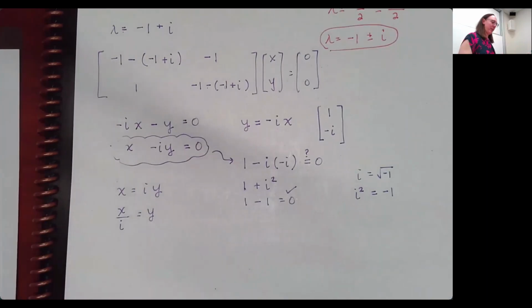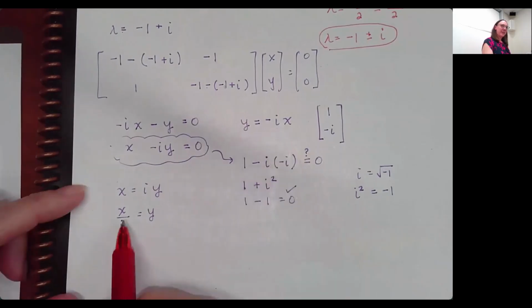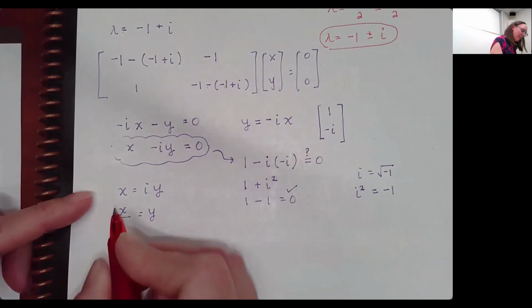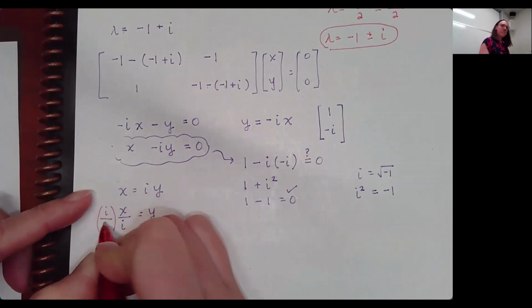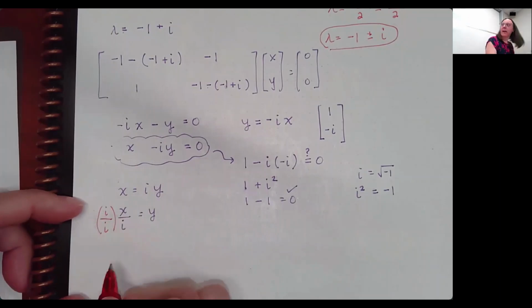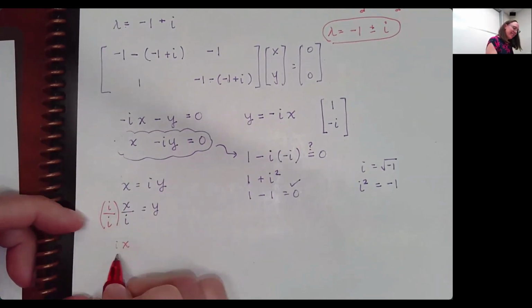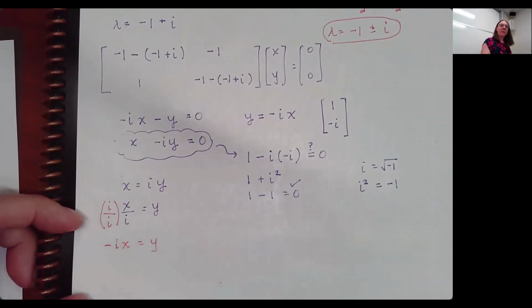So fun fact of complexness: these are the same because if I wanted to get rid of this fraction, I could multiply the top and the bottom by i. So now on the top, I would have ix, and i squared is negative 1, so that would become negative. So it's harder to see, but they are the same.